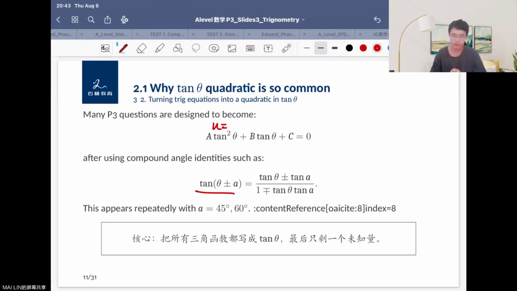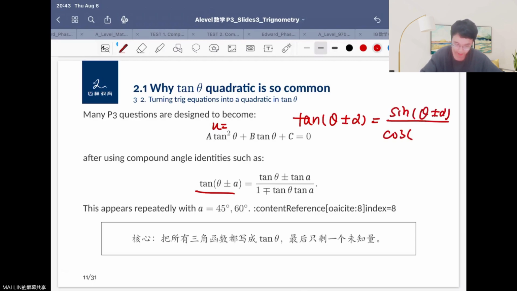If you want to prove this, you can use the rule that tan of theta plus or minus alpha equals sine of theta plus or minus alpha divided by cosine of theta plus or minus alpha.